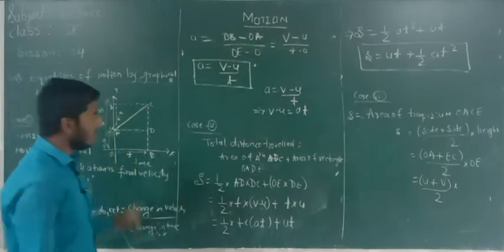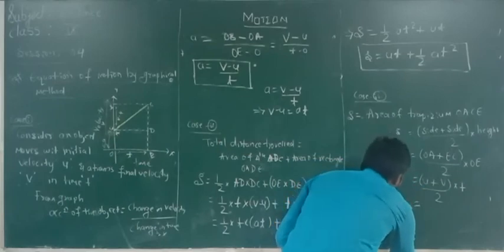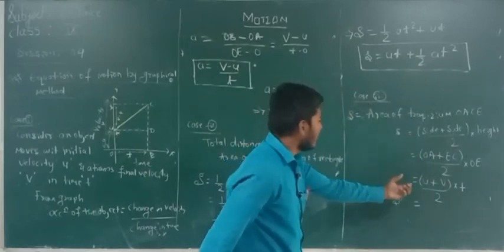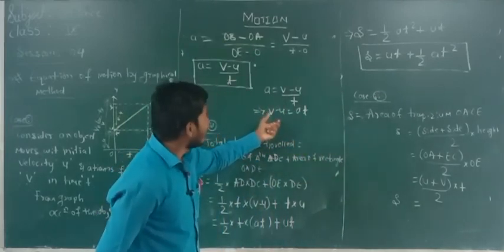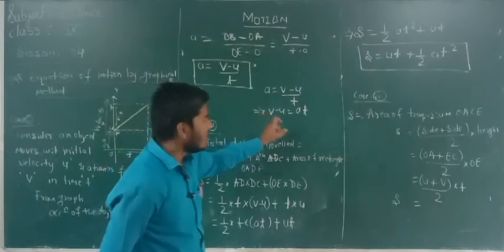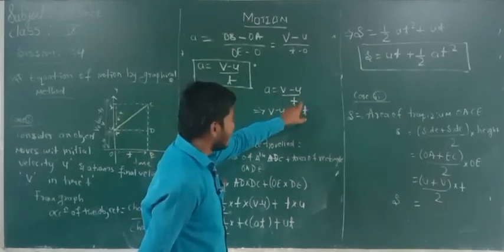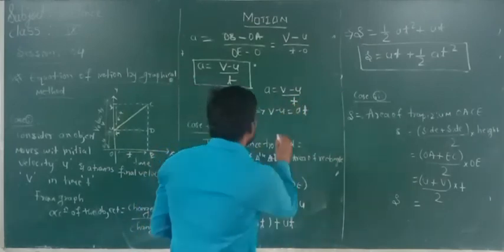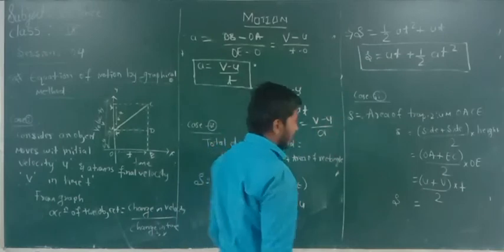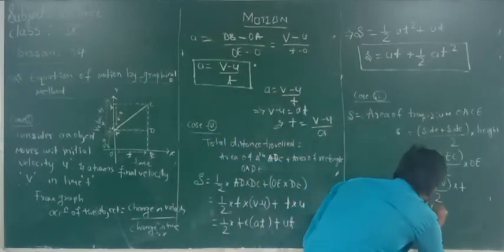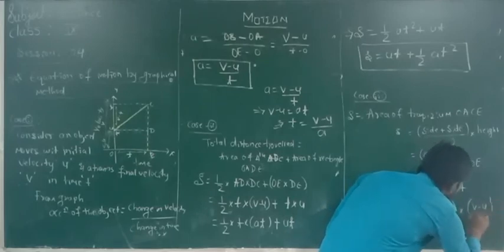OE is equal to T. Again we have to substitute the value of T. It implies T is equal to V minus U divided by A. So S is equal to U plus V divided by 2 into V minus U divided by A.